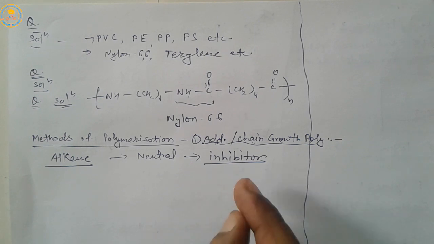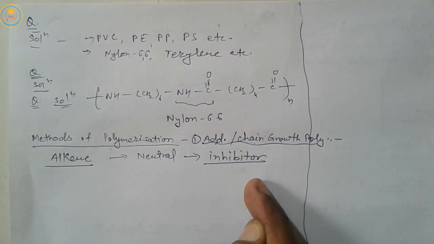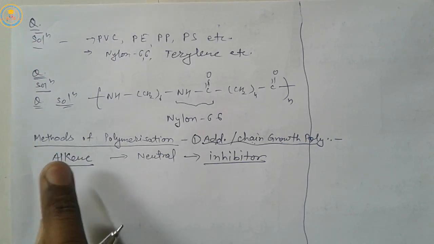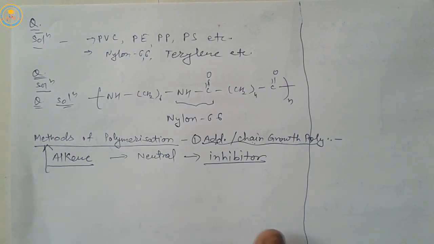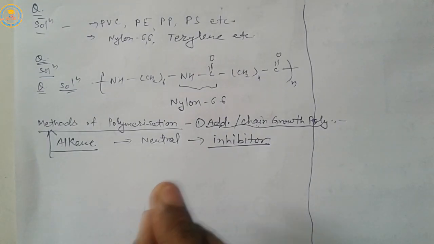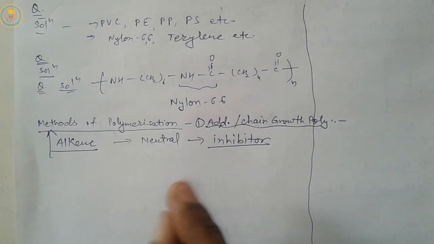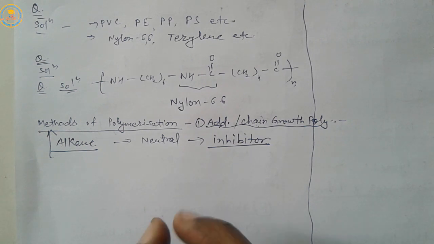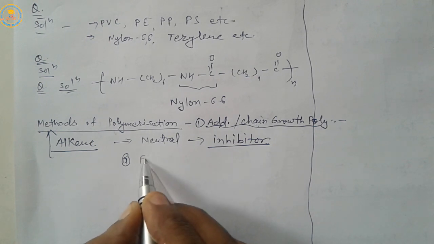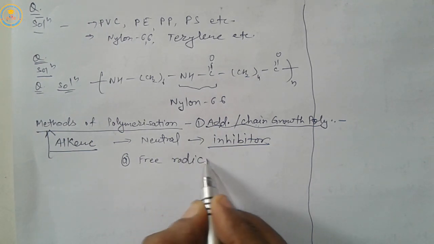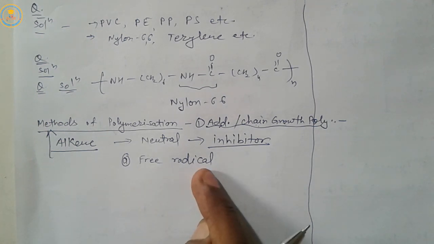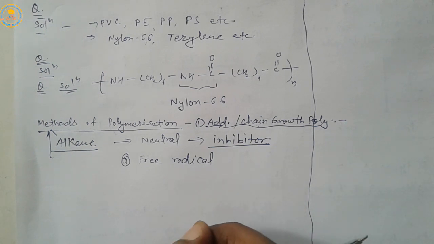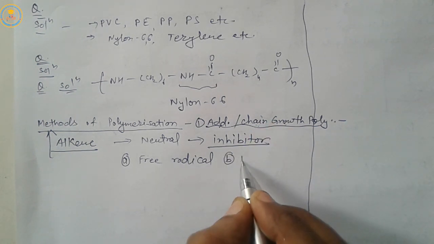An active particle of this initiator reacts with the neutral, unreactive molecule to make it reactive. Depending upon the nature of the reactive particle, the reaction can be classified into two types. First is free radical, which is a reaction intermediate we discussed in class 11 chapter 12, and another one is ionic.